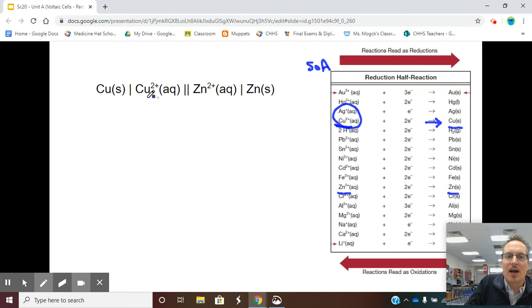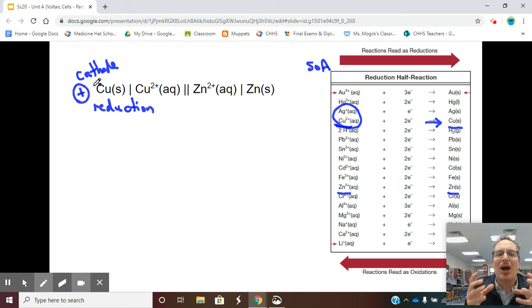So if copper is my reduction half reaction, we know reduction starts with a consonant, which means copper is going to be my cathode. Consonant, consonant. Cathodes have the word cat in it. Cats are fuzzy, which means copper is going to be my positive electrode.